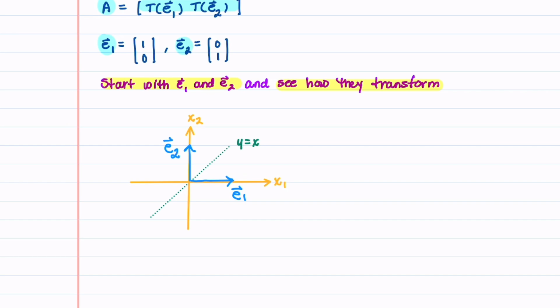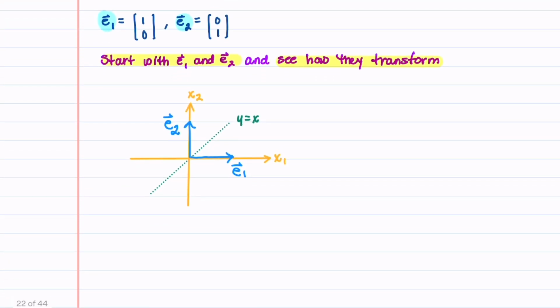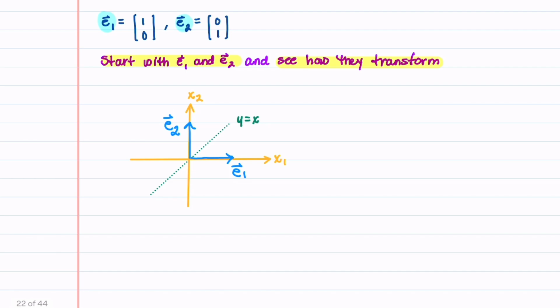Now let's look at our first transformation. Our first transformation reflects points through the vertical x-axis. So we're going to be reflecting about this axis. E1 is going to stay the same because it's already on the x-axis.